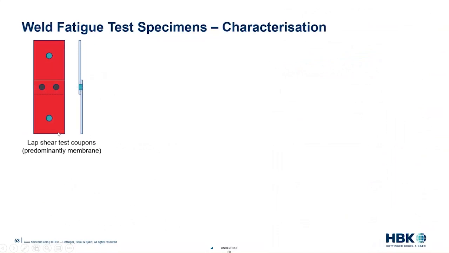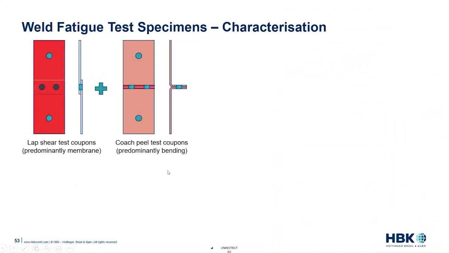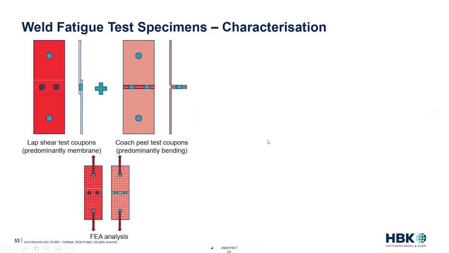So all of that information provides for one single test for either a predominantly membrane specimen or a predominantly bending specimen, and gives us one set of test information which can be compared with our finite element analysis.